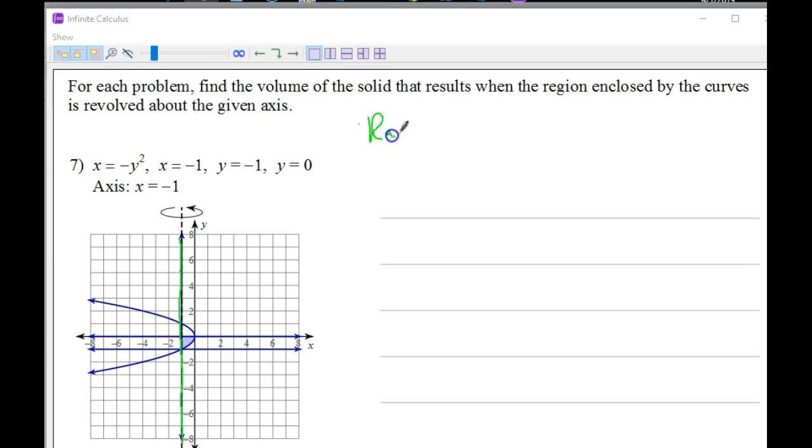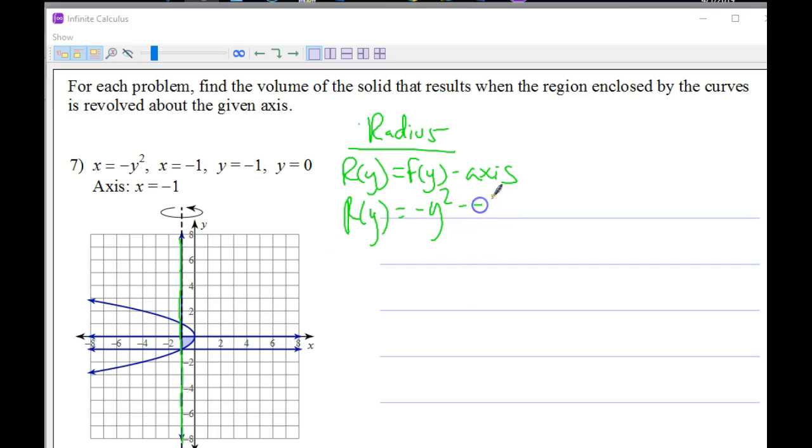So here we go. Radius is r of y. It is negative y to the second minus negative 1. My function is negative y to the second, and minus a -1 is going to be plus 1.